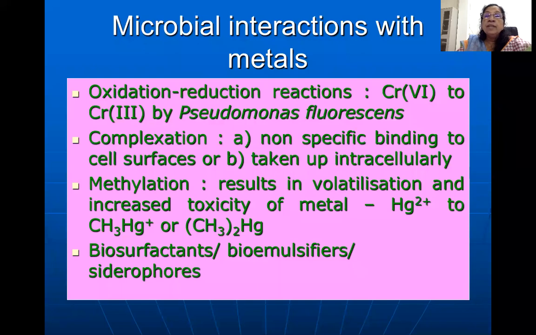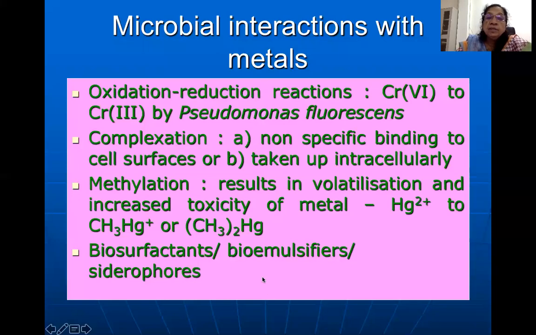So, microbial interaction with metals: oxidation reduction reactions, chromium 6 to chromium 3. For example, Pseudomonas fluorescens reduces the chromium. Chromium 6 is highly toxic and chromium 3 is less toxic. And this bacterium, Pseudomonas fluorescens, is able to reduce chromium 6 to chromium 3. And complexation, non-specific binding to the cell surfaces, or they are taken up intracellularly.